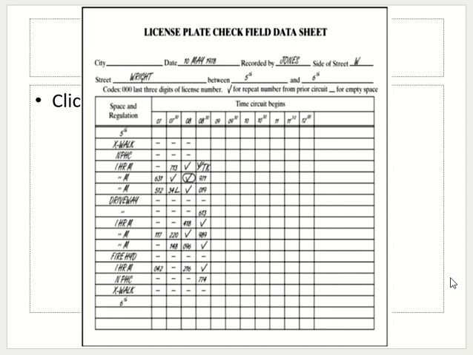And a number means it's a new vehicle in that space, and a dash means the space is empty. Okay, so if I want the accumulation, at this interval, how many spaces are occupied? You can count how many numbers or ticks are there. Okay, so 1, 2, 3, 4 here, and then 1, 2, 3, 4, 5 in the next interval. So you look at the column and you do the summation of numbers and ticks. This will give you the accumulation.